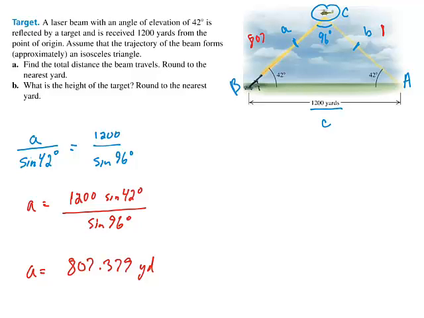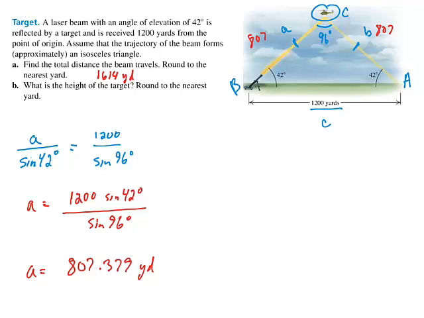Well, that means side B is also 807 yards because this is an isosceles triangle. Both of those lengths are the same. So the total distance the beam travels is going to be 807 plus 807. So I get 1,614 yards. So that would be the solution for part A.